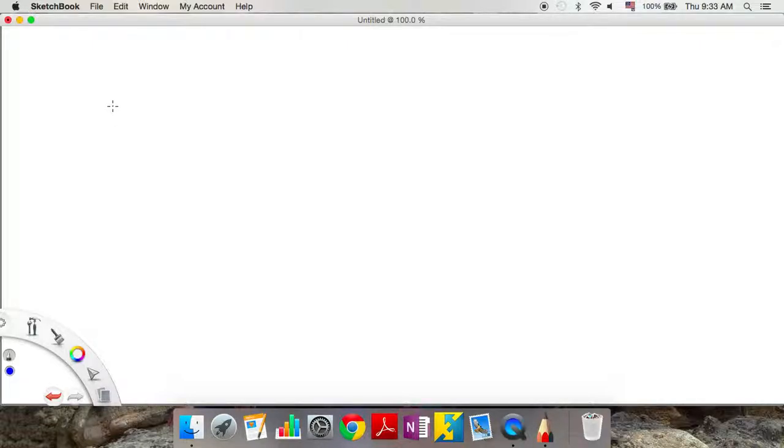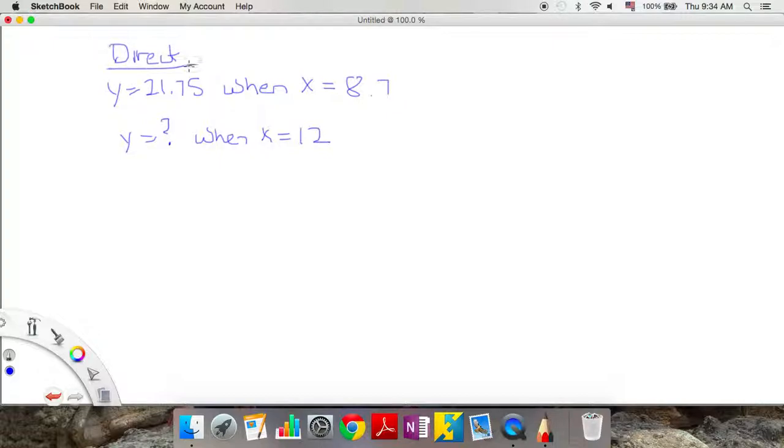Let's say y varies directly with x, and y equals 21.75 when x equals 8.7, and we want to find y when x equals 12. I said they vary directly, so that's direct variation, which means I have y equals kx.